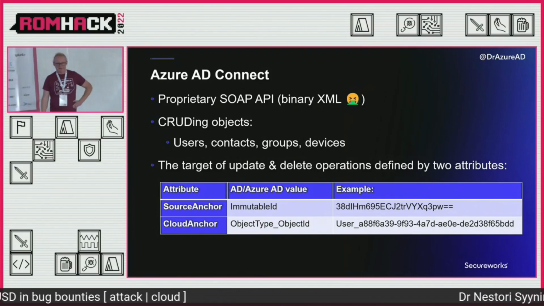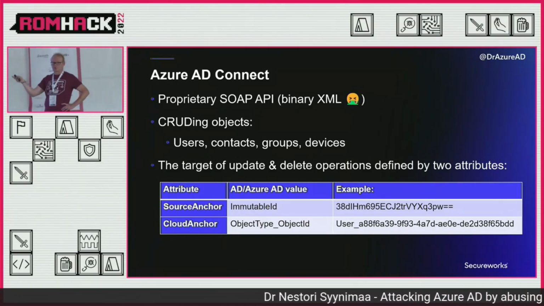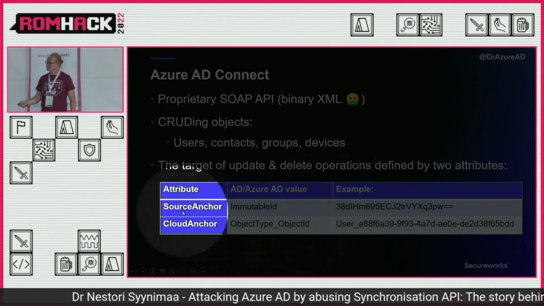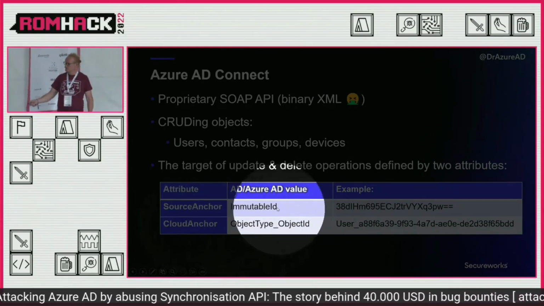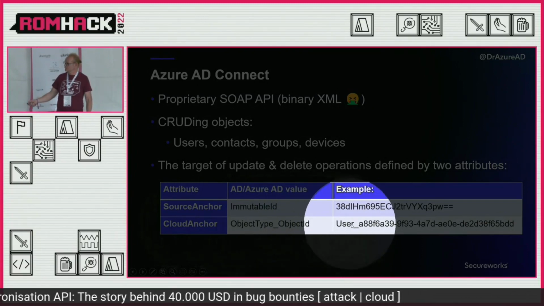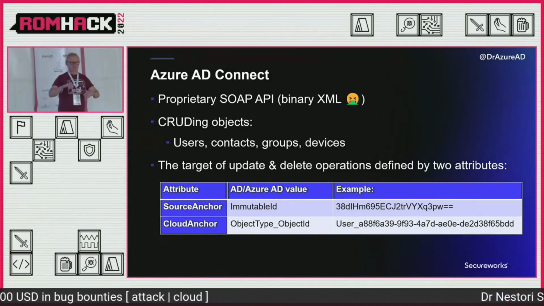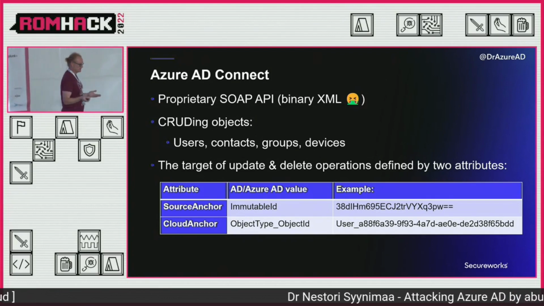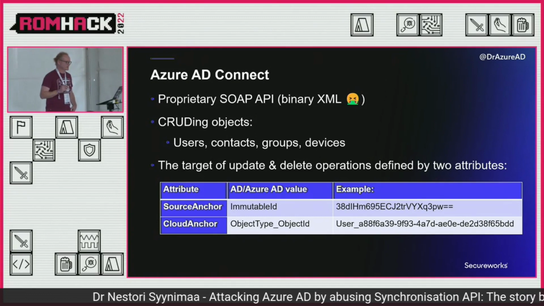And then I noticed that the target of update or delete or whatever of those CRUD things is either source anchor, which is the immutable ID, or the cloud anchor, which is the object type underscore an object ID in Azure AD. So it's like user blah blah blah. So you could use either of these as a parameter when you are changing things. So I'm going to show a demo about this in a couple of minutes.